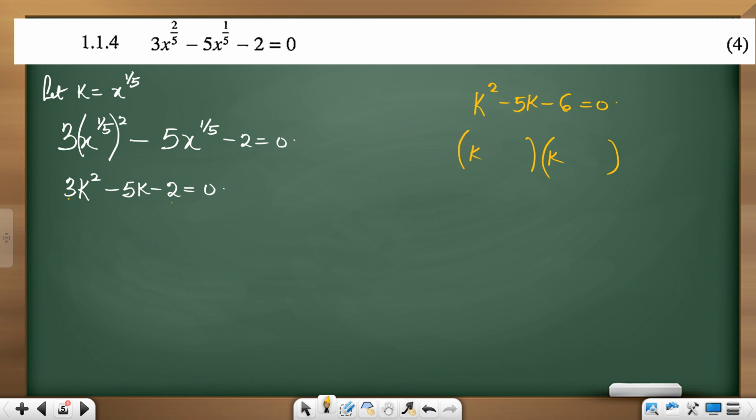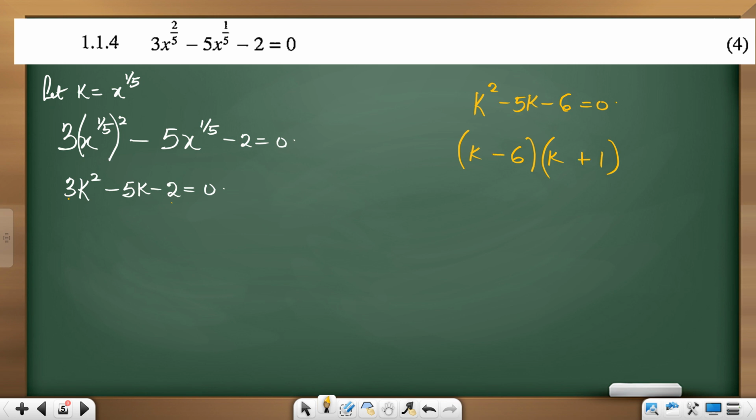k. What will work here? Be careful with this 5 and 6, because 2 and 3 would work, 6 and 1 would work. So be careful with the right combination. I need a negative 6. Definitely a 6 and 1 would be my approach. All right, and I need a negative there. So here we go.